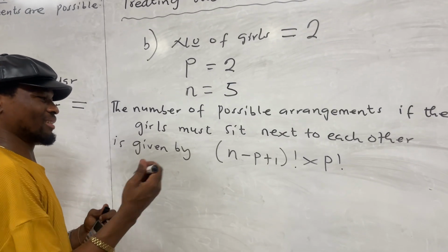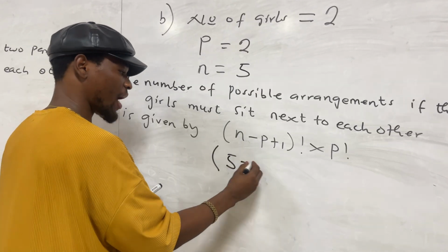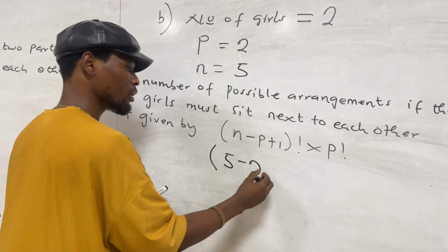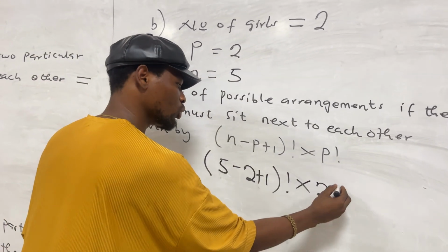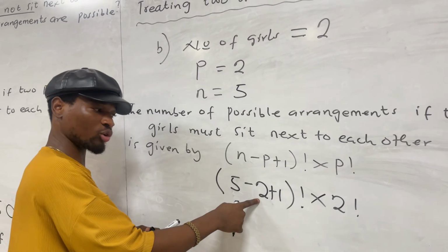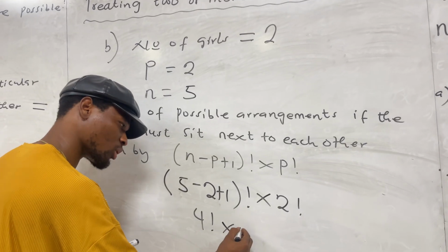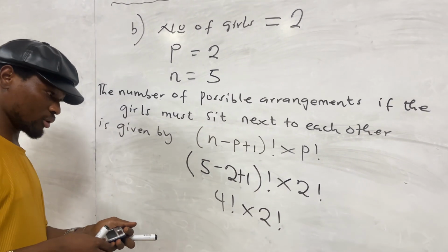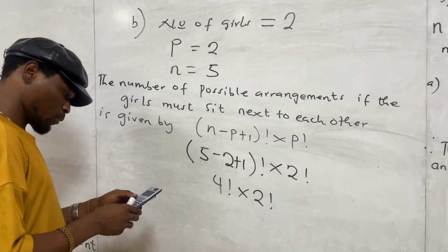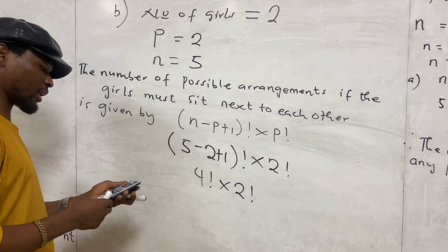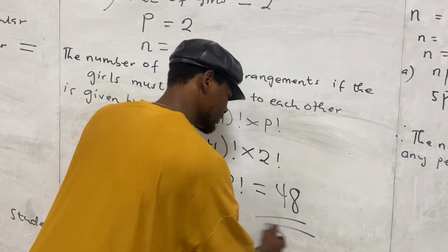This is substitution. My n here equals 5, minus my p, which is 2, plus 1, factorial, times p factorial, which is 2 factorial. So 5 minus 2 is 3, plus 1, which is 4 factorial, times 2 factorial. By the help of the calculator, 4 factorial times 2 factorial is equal to 48.